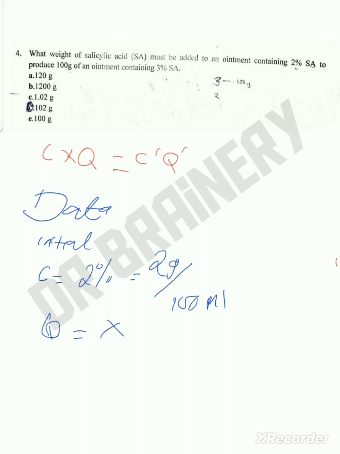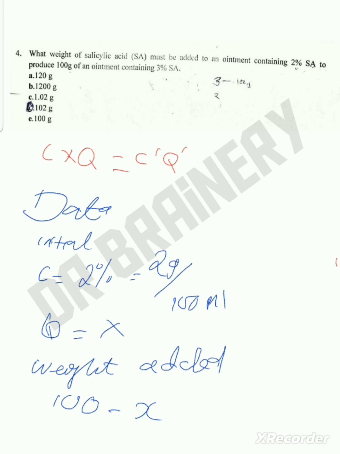Since the amount that was produced is 100 grams, which is the weight, I'm going to say weight added is 100 minus X. That is the weight that was added. 100 minus X, because X is the amount that we started with, which we don't know as an initial.